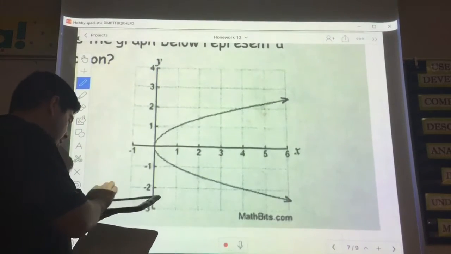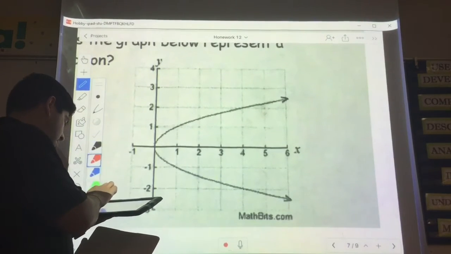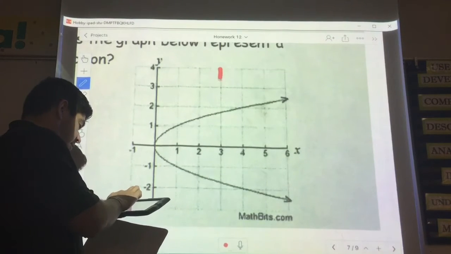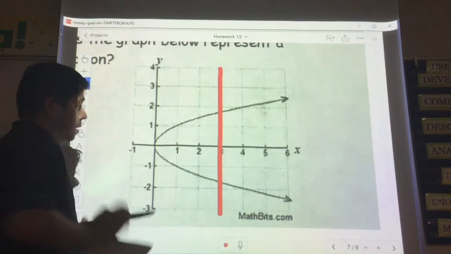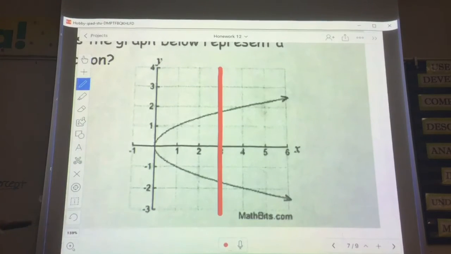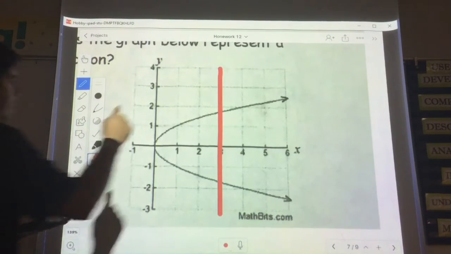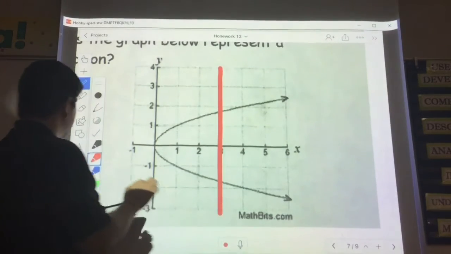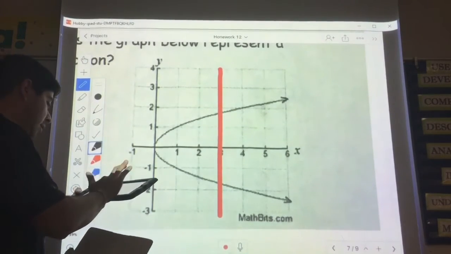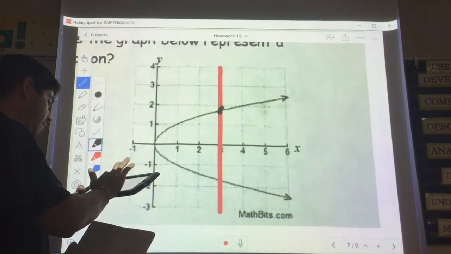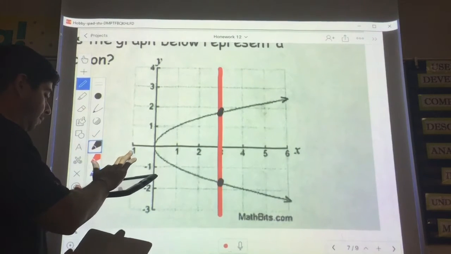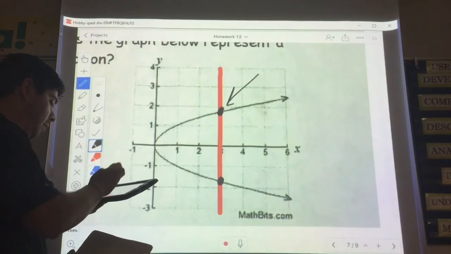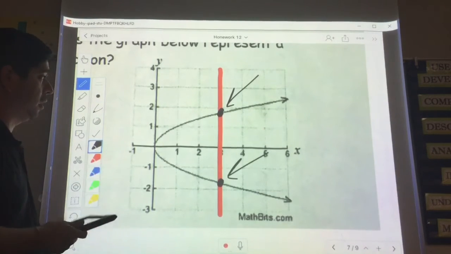So if I do my vertical line test, I'm going to make a red line. Make it kind of big or kind of thick. So I'm going to do right here on the 3. Automatically I know that this is not a function because this line touches here and it also touches there. I'm going to do that in black. Touches here and touches there. So this is not a function because it touches in more than one spot.